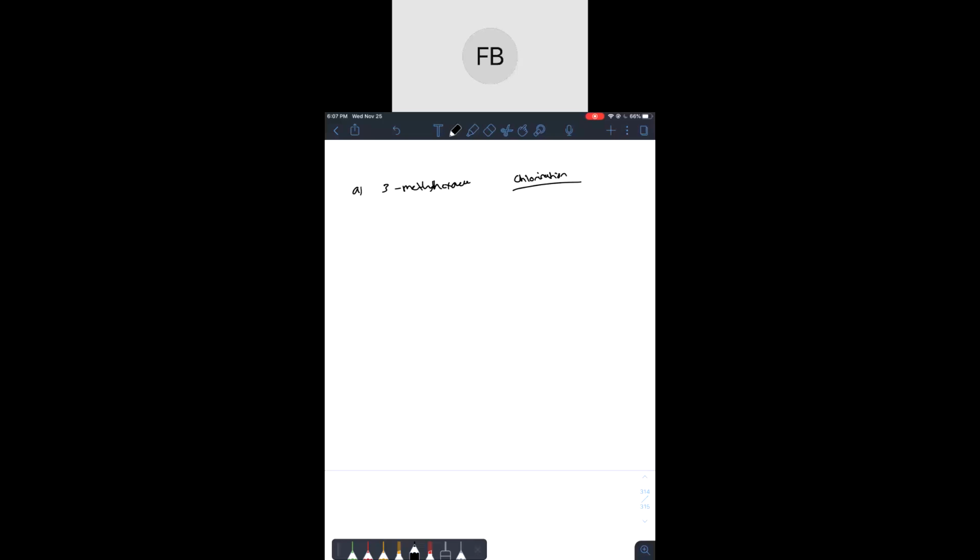But basically, we're just going to draw out our bond line structure first. So this is a 3-methylhexane. So it's hexane, and then it's a 3-methyl, so there's a methyl there, and that's it. So how many spots can there be chlorination for it? Well, this is a very asymmetrical molecule.